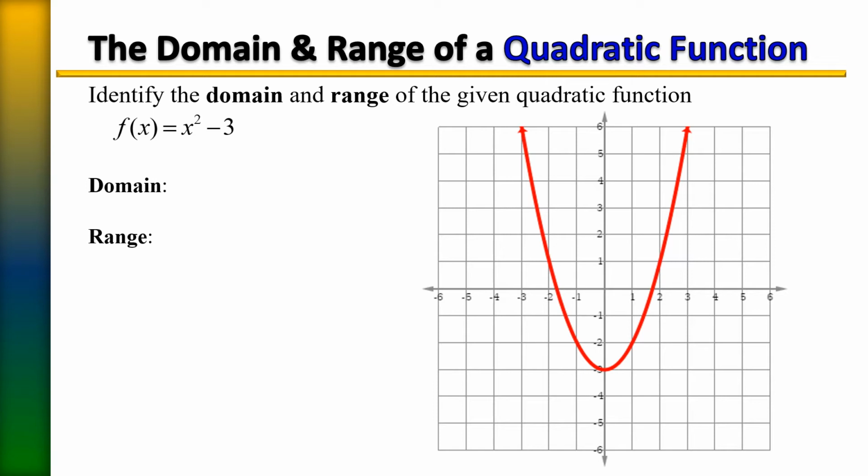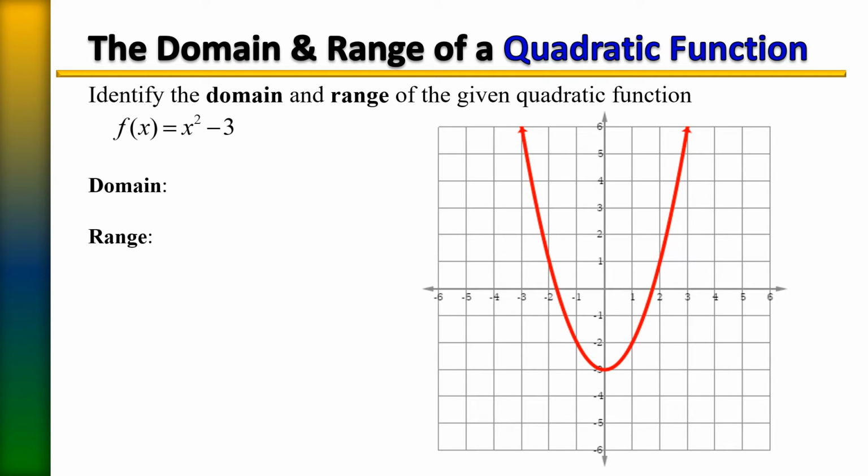Recall that the domain is your set of x values, your input. So basically in terms of a graph, we just want to know the horizontal span. In other words, how far does it stretch to the left or to the right?